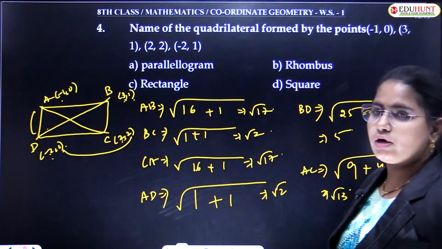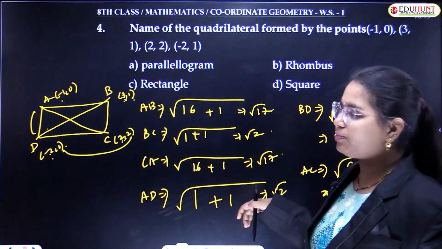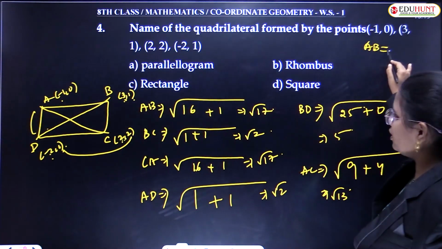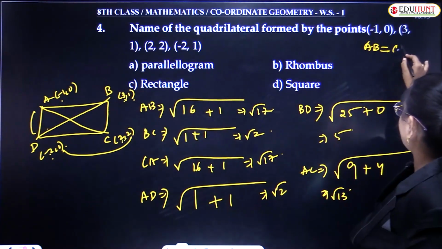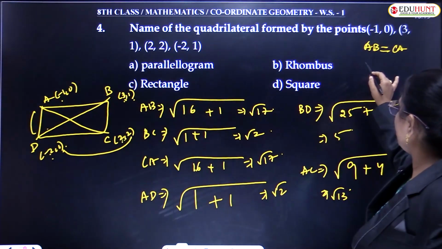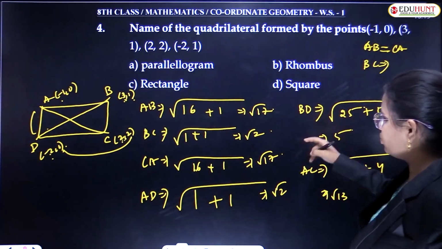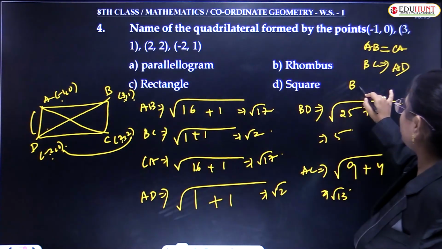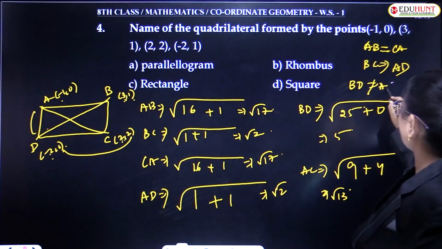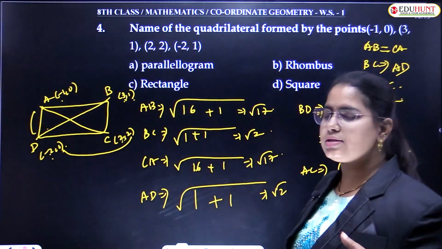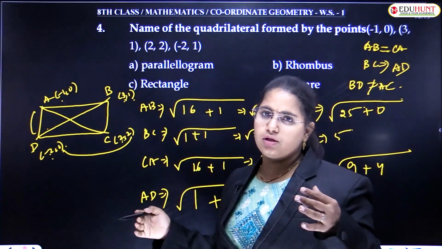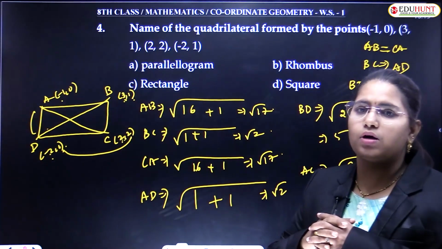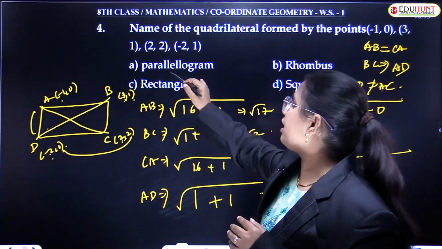So from the above sides, what are the properties you have? AB side is equal to CA side. Similarly, BC side is equal to AD. And BD is not equal to AC. So we have opposite sides parallel and equal, but the diagonals are not equal. So this represents the properties of a parallelogram.